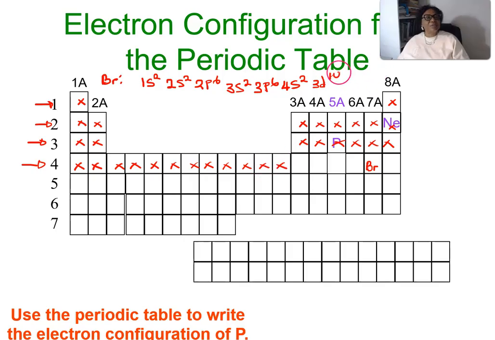We put 10 electrons. Then we go to 4p. 1, 2, 3, 4, 5. 5 electrons. So that is how you can use the periodic table to write electronic configuration. So you're seeing what I have done. Please try and practice.